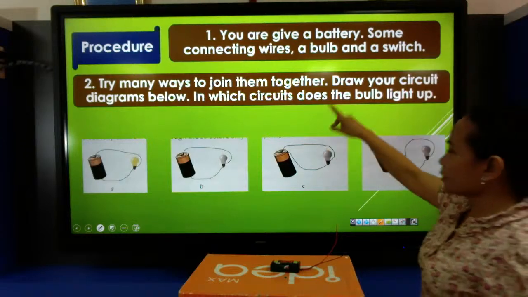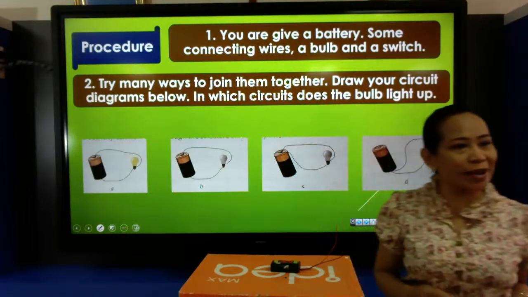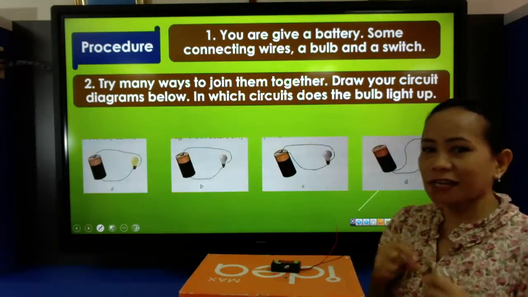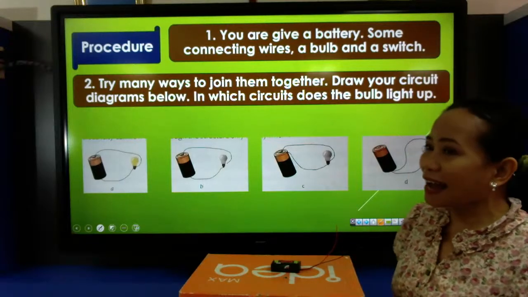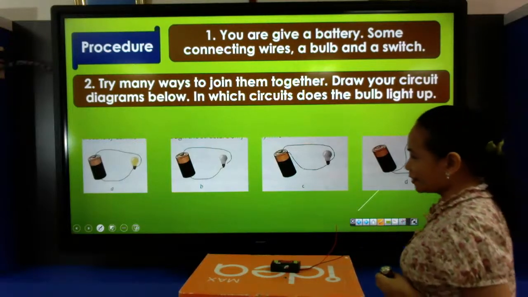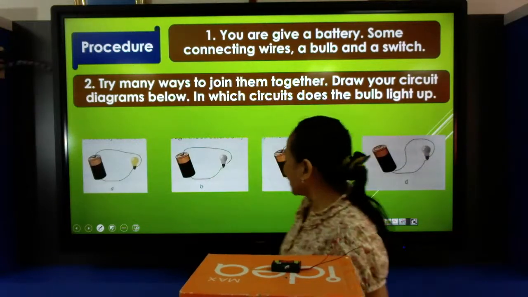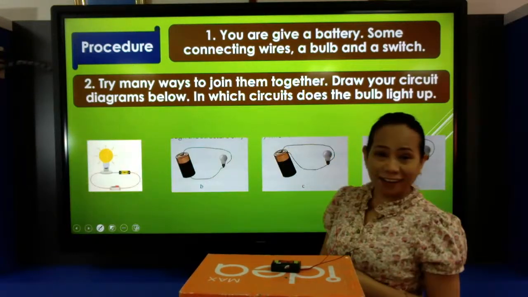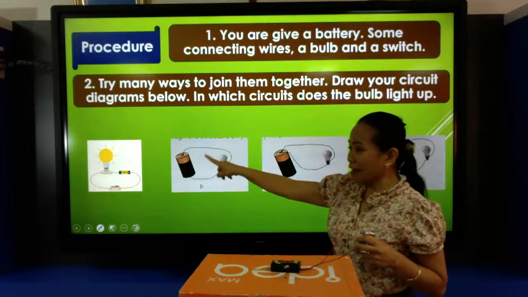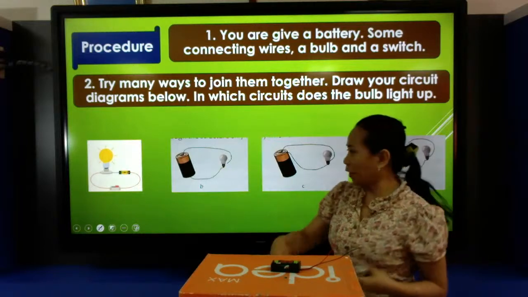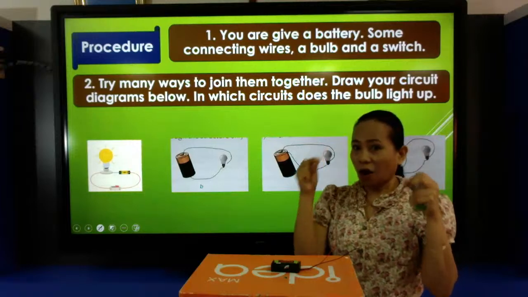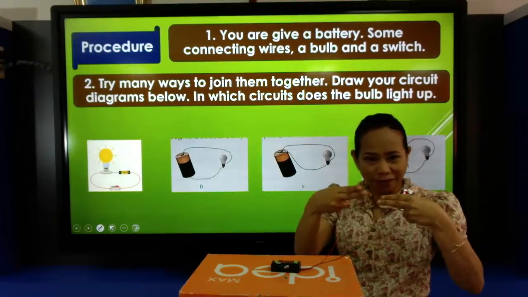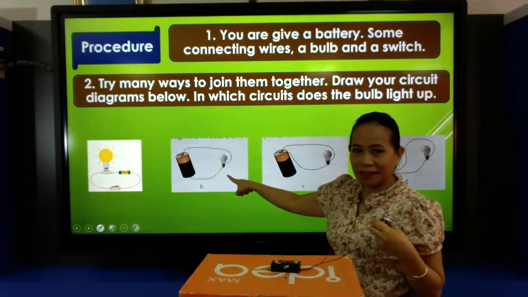We tried these 4 ways of connecting the components so that we can light up the bulb, right? And we notice that only in letter A does the bulb light up. So letter A is proper. If the connecting wire is open or has a break, the bulb doesn't light up.